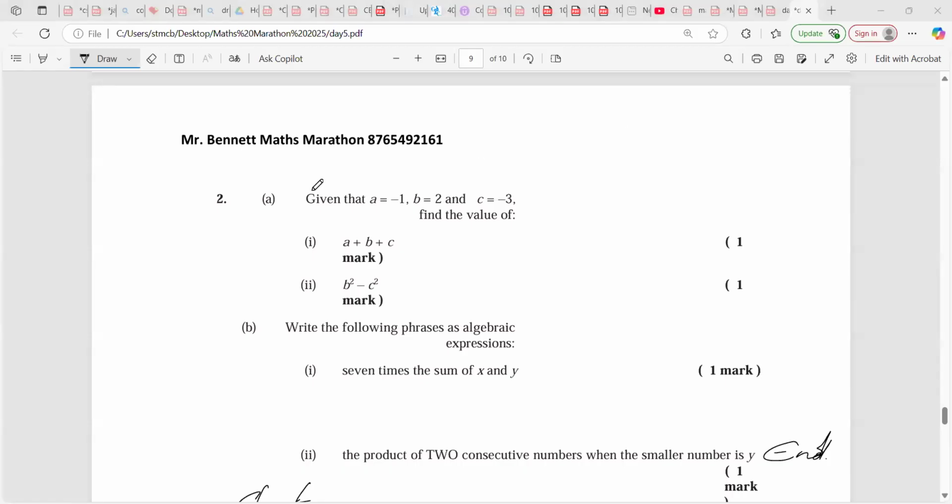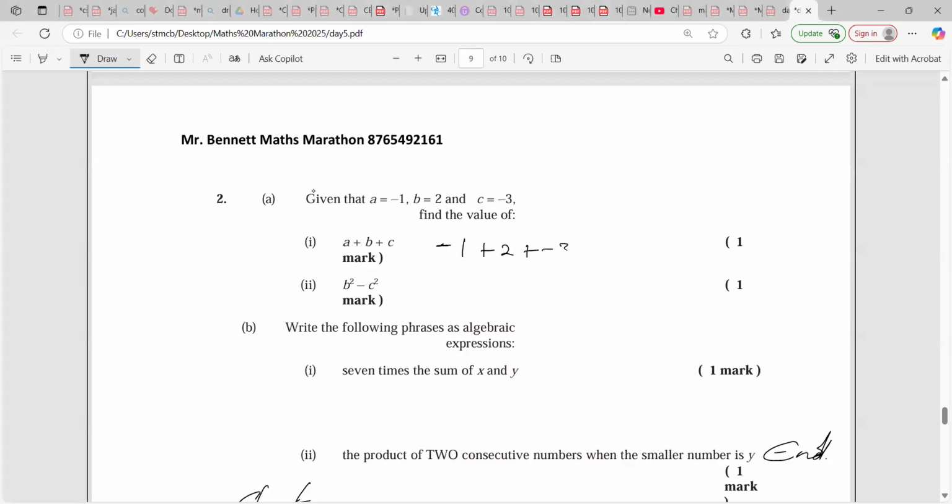They say given that A is -1, B is 2, C is -3, find the value of A plus B plus C. So let's add -1 plus 2 plus -3. These two are both negative, so it will be -4 when we add these two, then -4 plus 2, final answer -2.